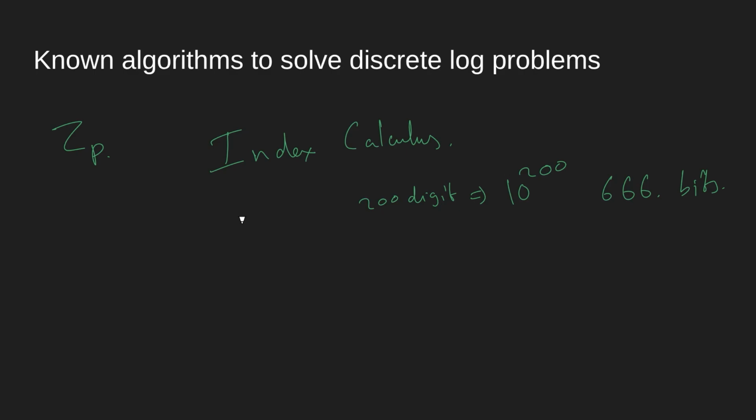So if you want a secure cryptographic system based on the discrete log problem in this integer-based group, in integer groups like Z_p, p should be on the order of 1024 bits or 2048 bits, which means the signature and the public key that you are going to store in the blockchain are also going to be huge.